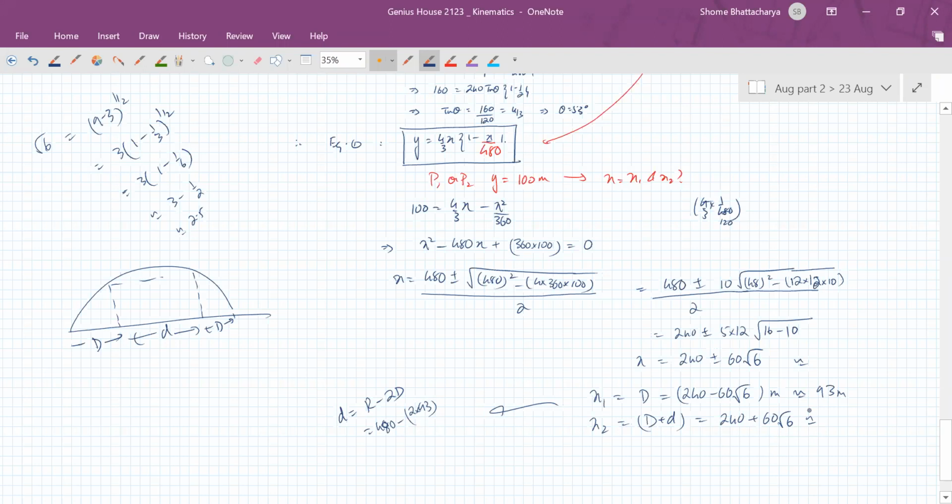So it will come out to be approximately 294 meters.